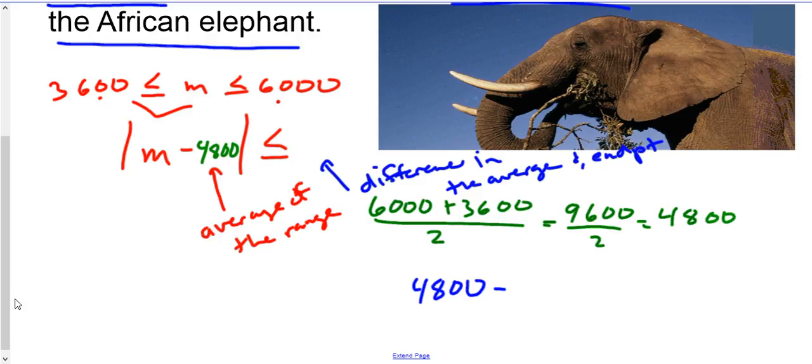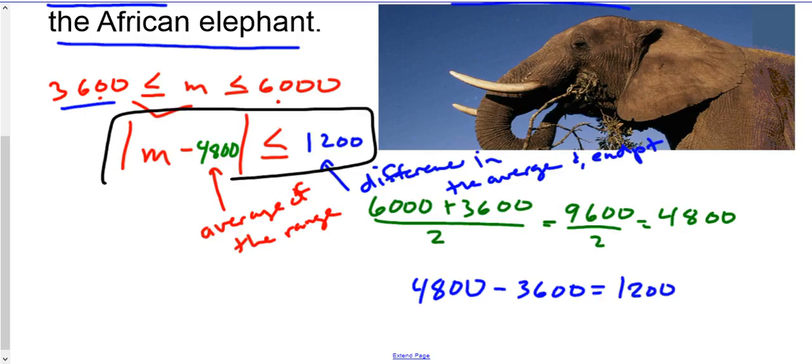I'm just going to pick the lesser endpoint, 3,600. When we find this value, that's going to be the value we end up with in our inequality. So what we have right here is 1,200. So we're going to put 1,200 in here. This right here is our range that we're looking for.